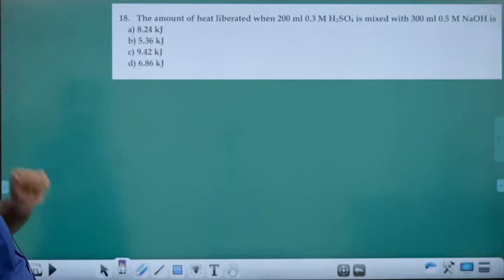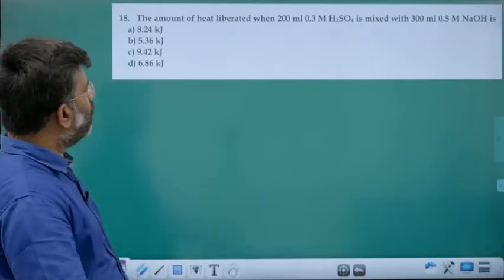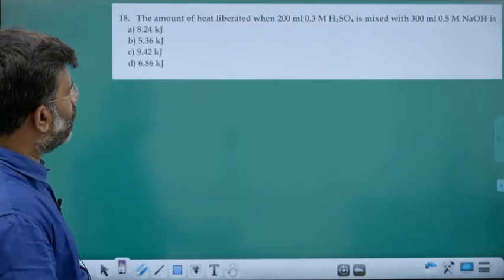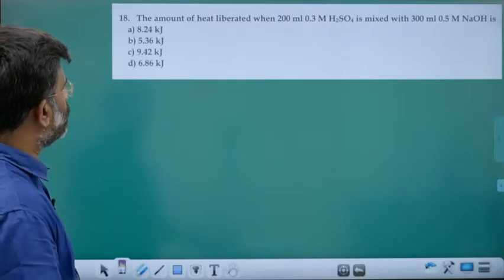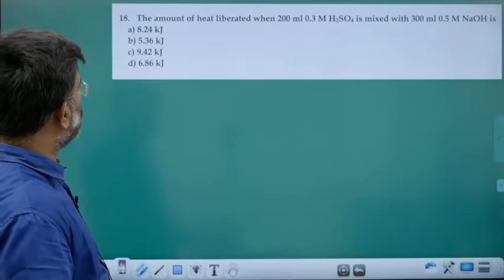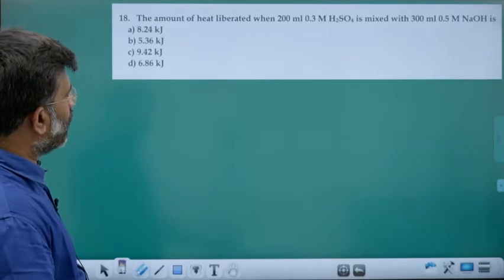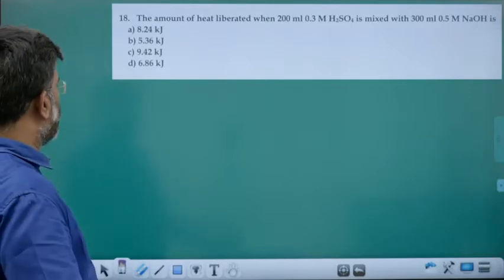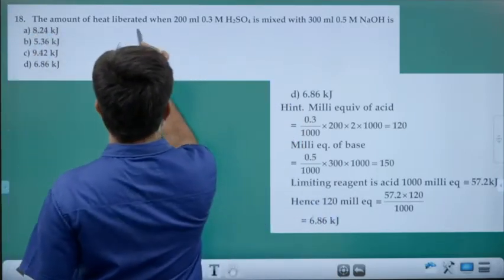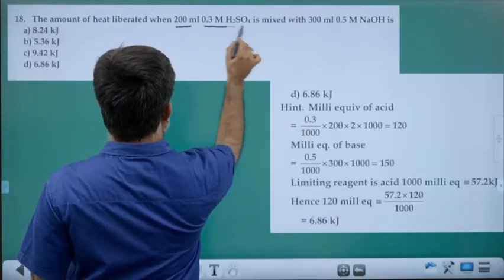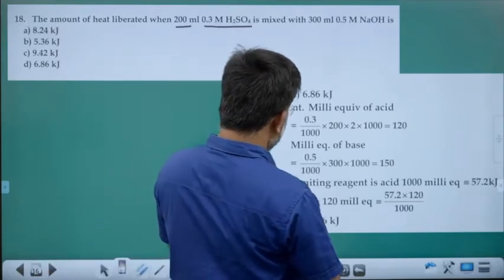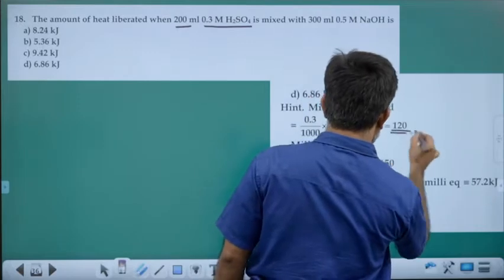Amount of heat liberated when 200 ml 0.3 molar sulfuric acid is mixed with 300 ml 0.5 molar NaOH. That means 120 milli equivalent.